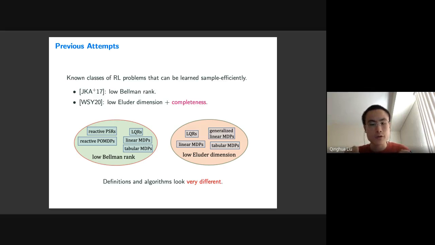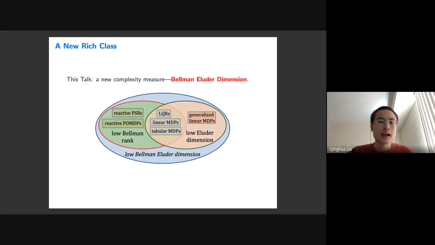So we are wondering if we can unify them into one framework, and is there some more general class that is efficiently solvable beyond these two works? And it turns out our answer is yes. This is the new class we can define. We introduced a new complexity measure called Bellman Eluder Dimension.